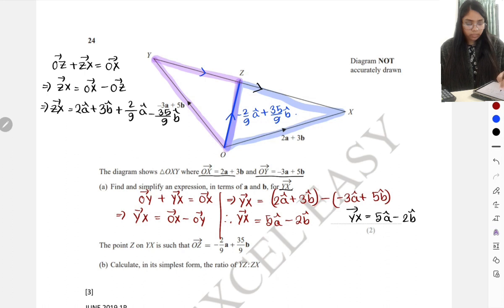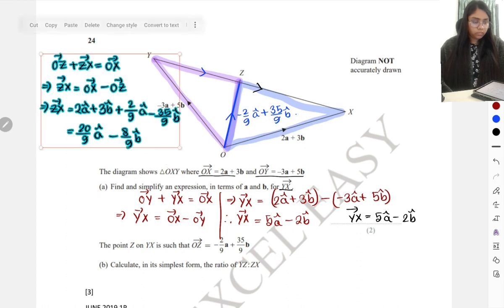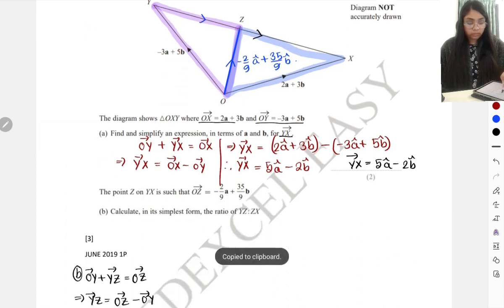Then you can arrange and add the values of a and b together. 2 plus 2 by 9 is going to be 20 by 9a, and 3 minus 35 by 9 is going to be minus 8 over 9b. So we have the final vector for ZX also.